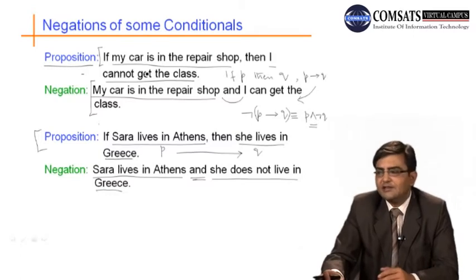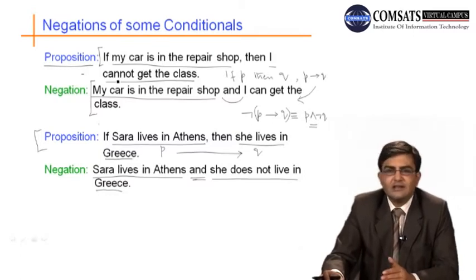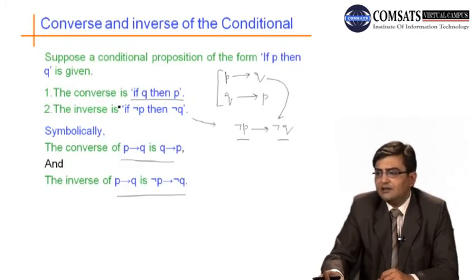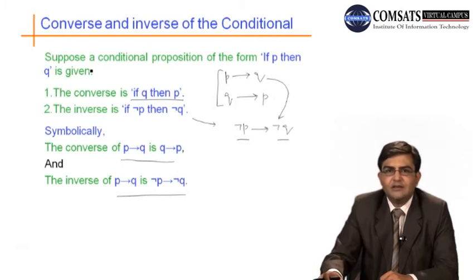Because the negation of I cannot get the class is I can get the class. I repeat, the inverse of this statement is, if my car is not in the repair shop, then I can get the class. So I hope you understand how we write converse and inverse of conditional statement P implies Q.